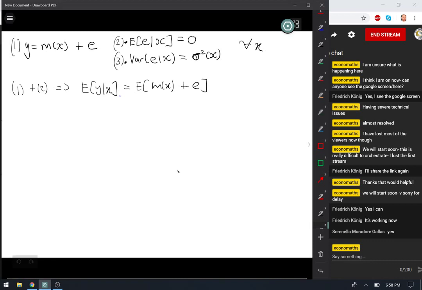Take the conditional expectation, so I need to do the conditional expectation here, and then we've got the conditional expectation of the sum of two terms, so it's each one added together. All the properties of the conditional expectation function are the same as for the unconditional, plus E of e given x. And what's this term here, the first term?